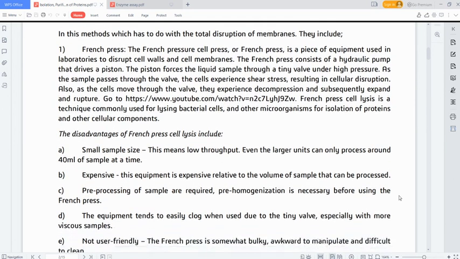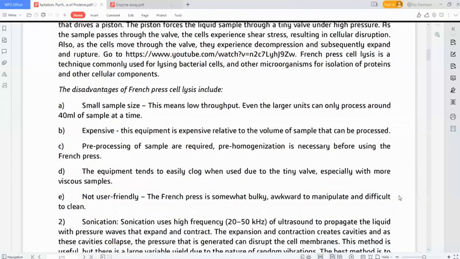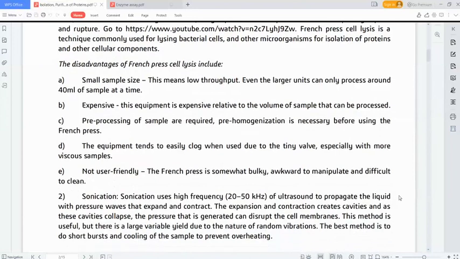There are some disadvantages to this, which you can always see in the notes. The sample has to be very small. Procuring the equipment is quite expensive, and then you still have to do some homogenizing and all that.